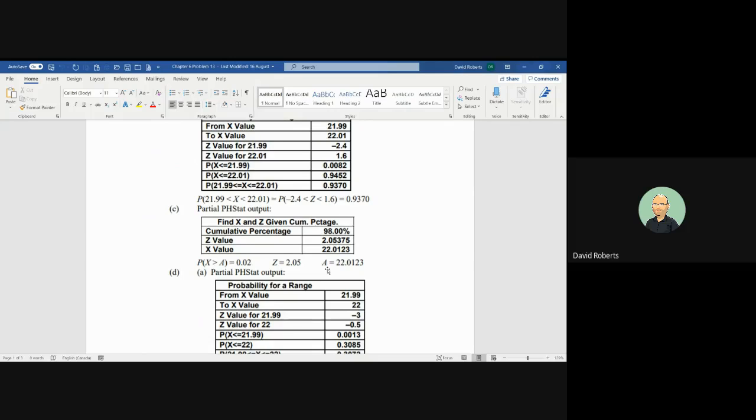The value that you have is 22.0123. So you need to find, all right, in part C, the diameter that will be exceeded by only 2%. So this is the area above. So only 2% of the values will be above 22.0123 as the diameter.